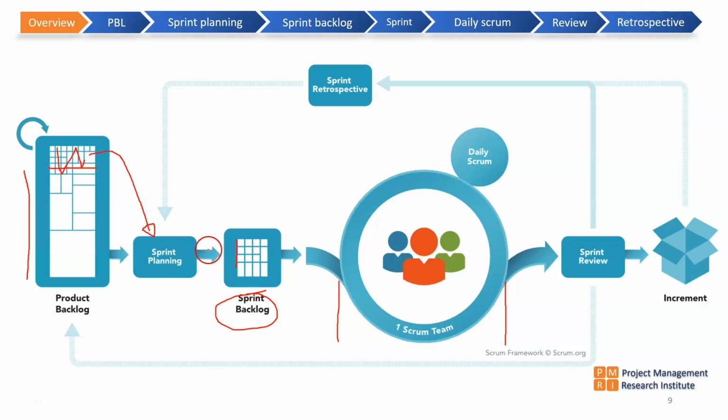So after the 8-hour sprint planning meeting, the sprint backlog is set, and the next day onwards, the team starts work on the sprint backlog, and every day there is a daily scrum or a daily stand-up meeting.